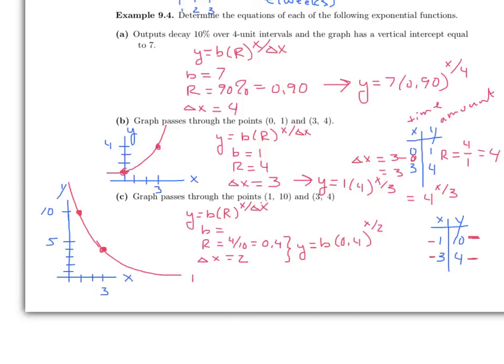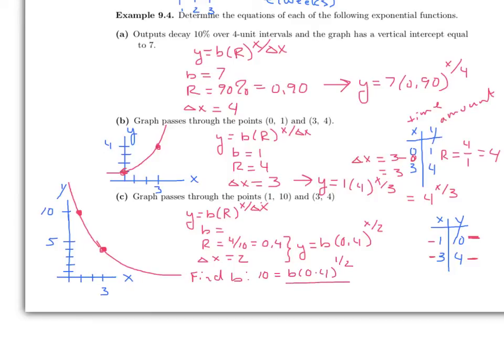So let's do this. Let's find b. I'm going to substitute this one input-output pair into the function equation. So if I replace y with 10, I'm obligated to replace the x with a 1. So the only unknown in this equation is b.